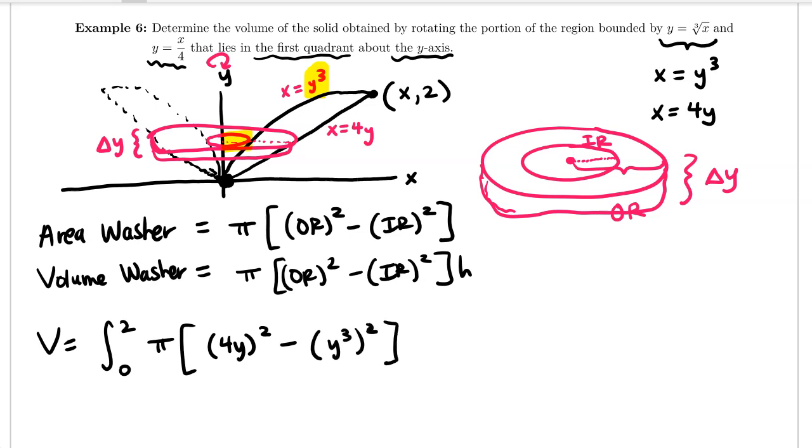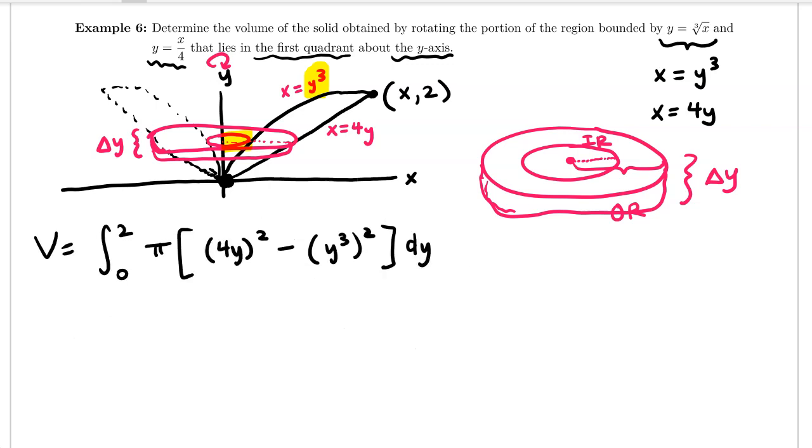And then again, we are integrating with respect to y because we're stacking our donuts on top of each other vertically. So this gives us, I'm going to factor out pi, and then the quantity 4y squared is going to give me 16y squared, and then minus y to the 6th power dy.